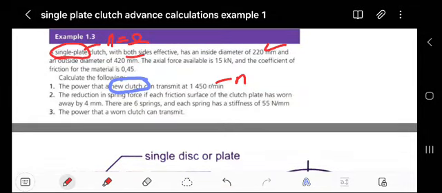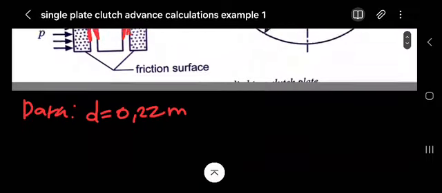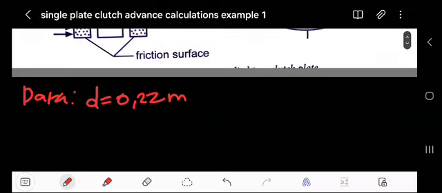Then the outside diameter is 420 millimeters; 420 divided by 1000 will be 0.42 meters.